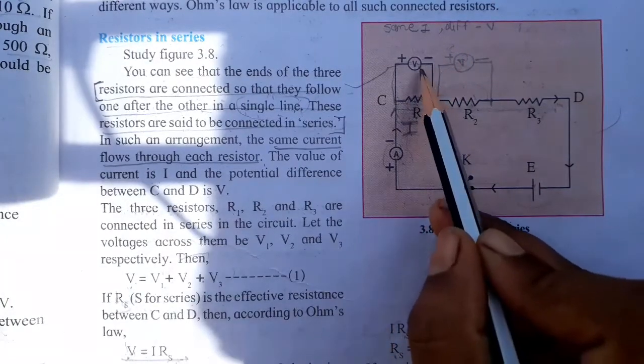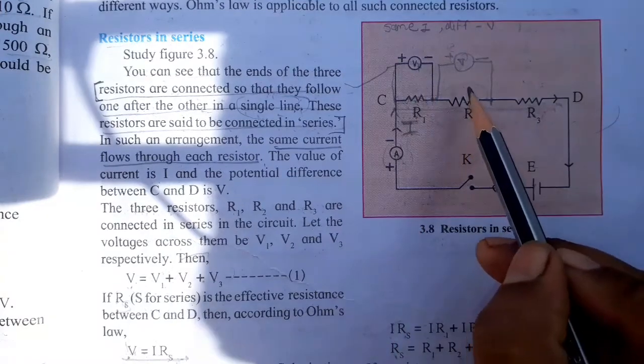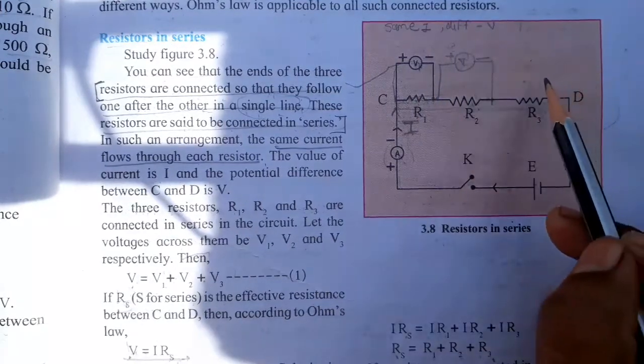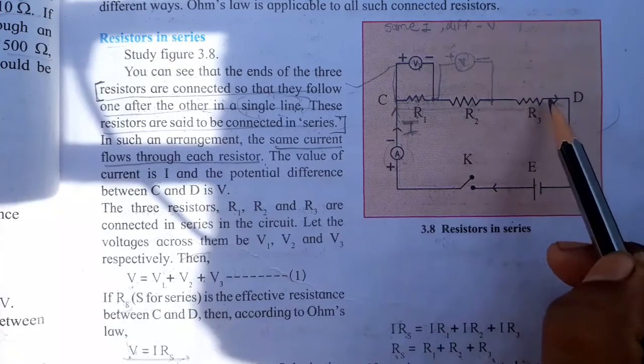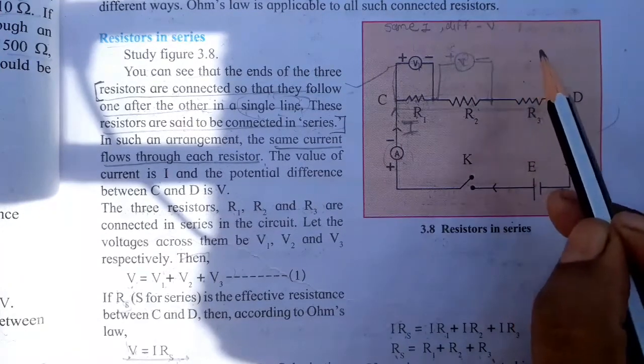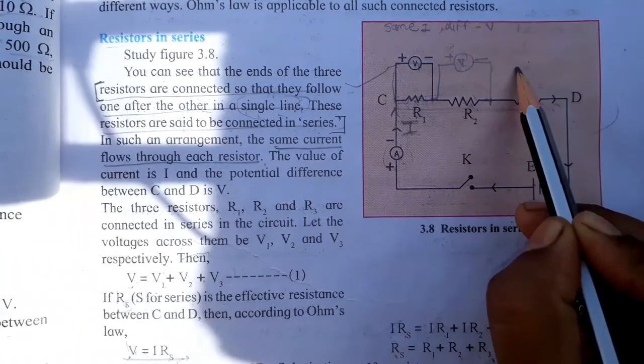For R1 the potential difference is V1, for R2 it is V2, and for R3 it is V3.